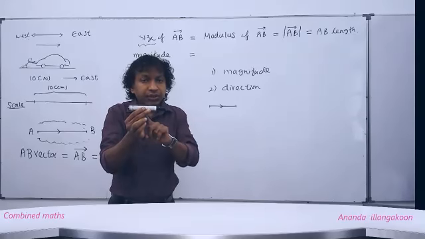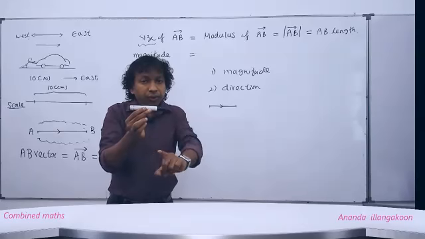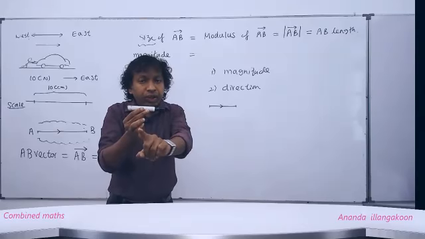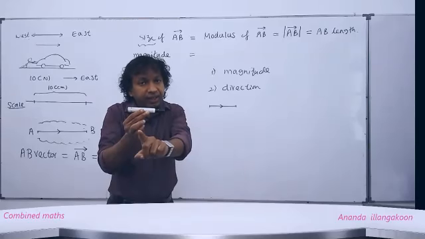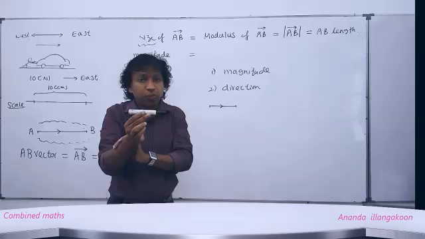Then the direction is also the same, and the arrowhead is also the same. Suppose when this pin was at the first position, it represented the vector. Both qualities, magnitude and direction, are still available with this vector at this position.